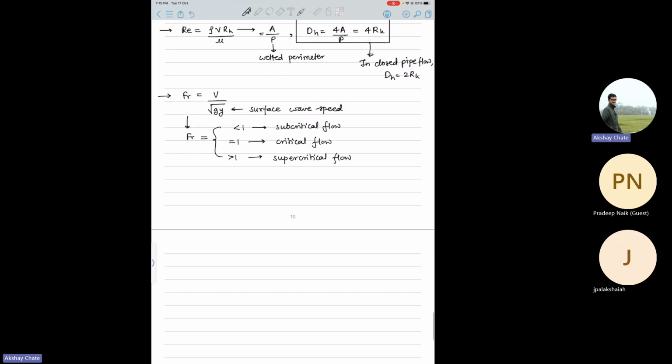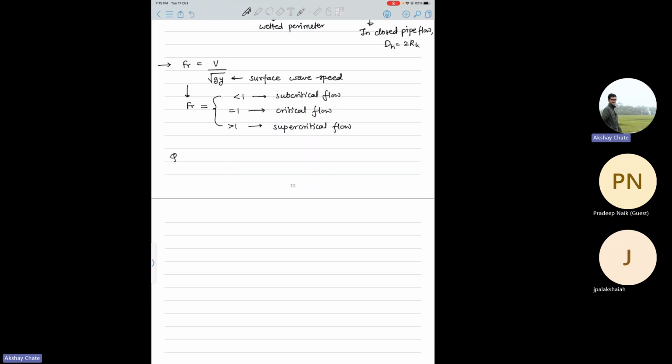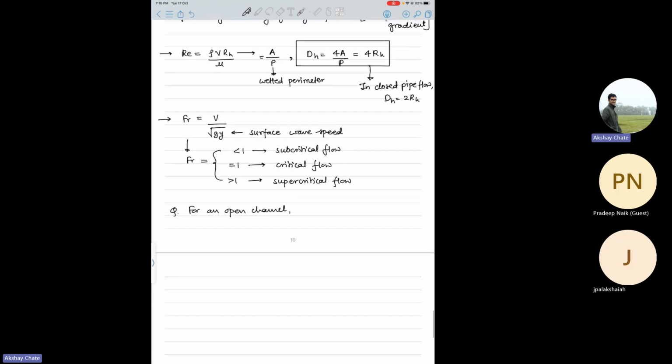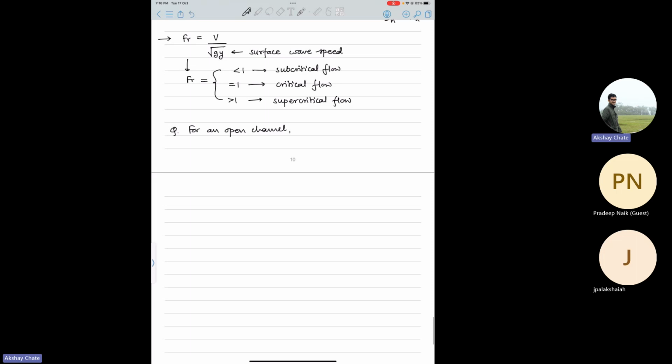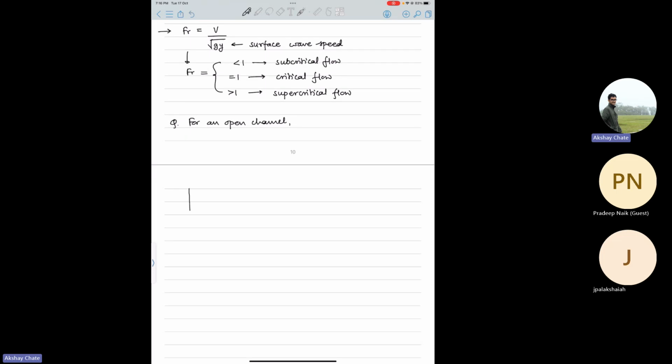Yeah. So let's say for an open channel, okay, I can give you one figure that will be good only. Okay, it is giving me rectangle every time.